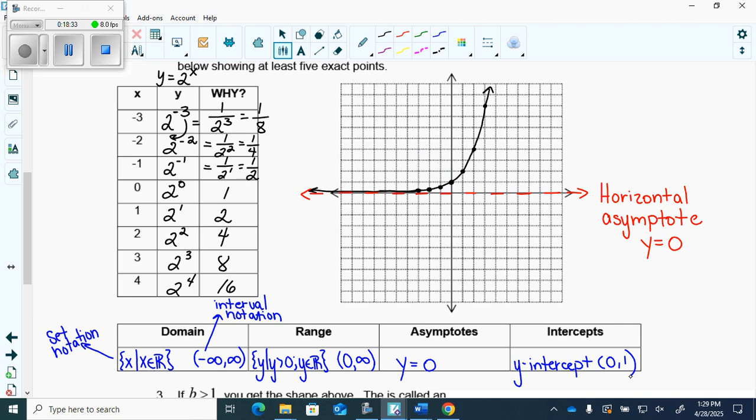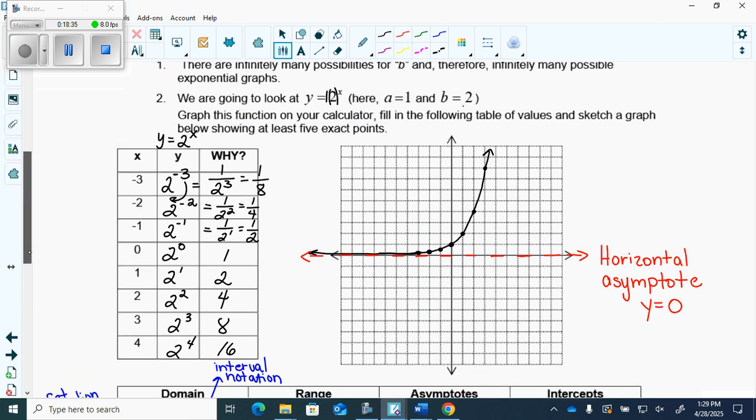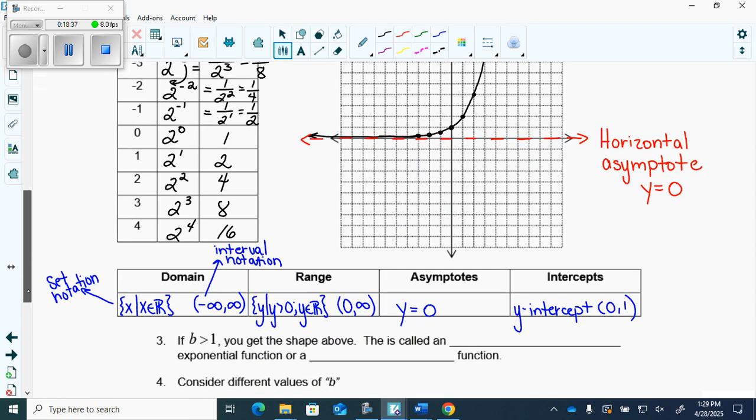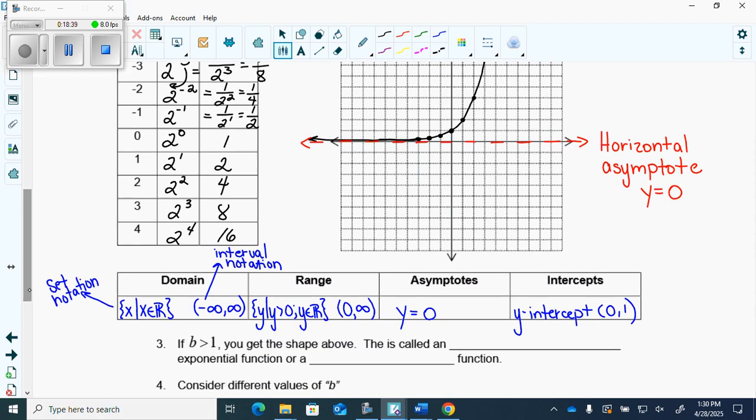So our b value up here was 2, correct? That is b is greater than 1. Remember, I have two options. My b value can be between 0 and 1, and my b value can be greater than 1, correct? This one was a 2, so my b was greater than 1, yes? When your b is greater than 1, you get the shape above.